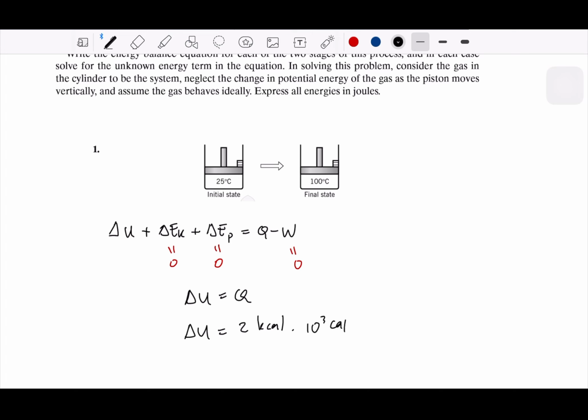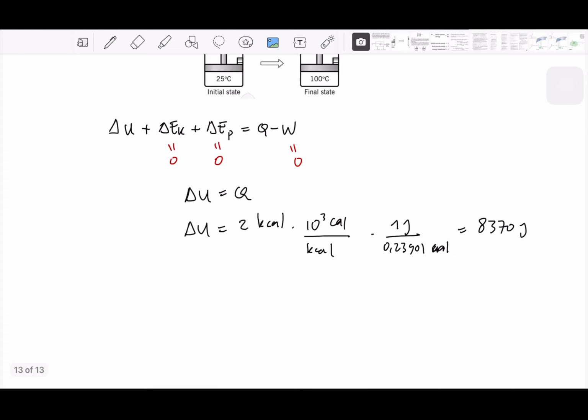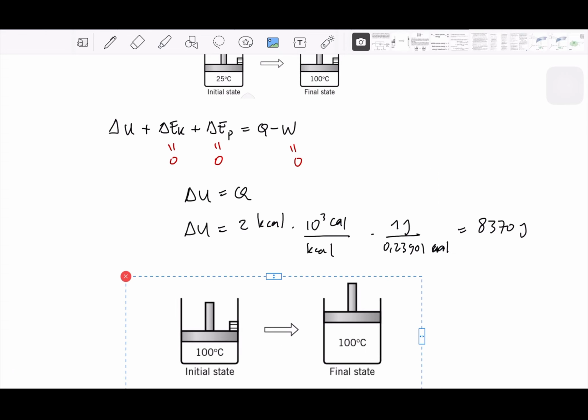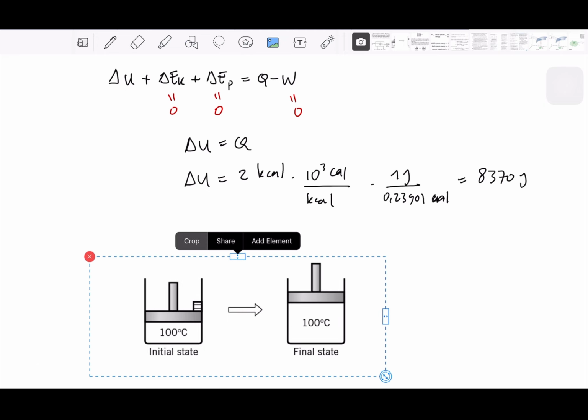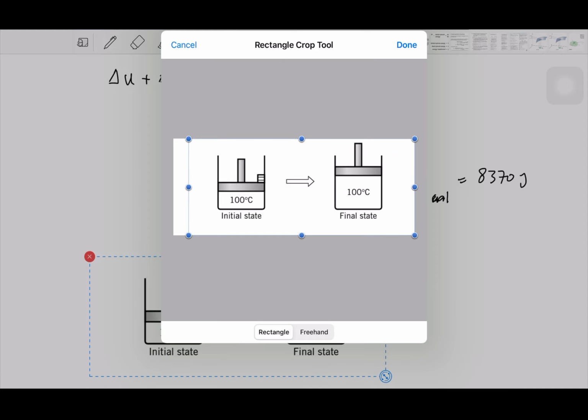So we are changing to joules. We have some conversion, and this is the joule for the energy. And then we have the work.